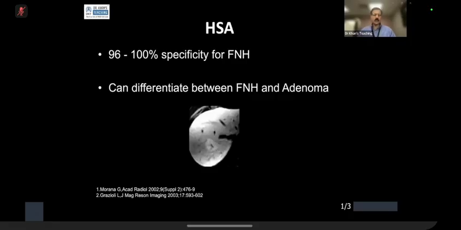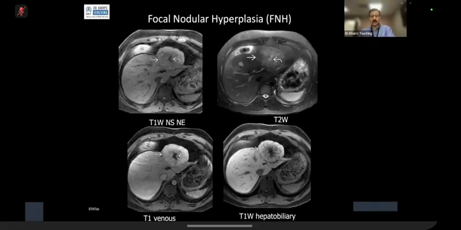So now you are sure that this is adenoma or FNH, and it is not a flash hemangioma because of other features which I told you, like high T2 value and restricted diffusion. Then you do a hepatobiliary phase to discriminate between the two.